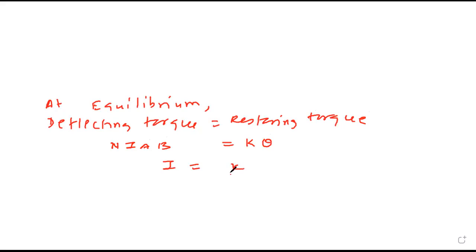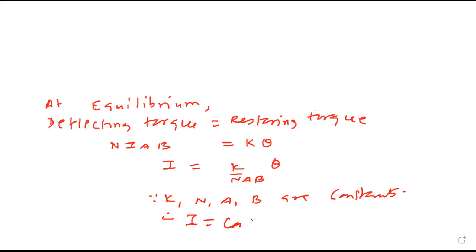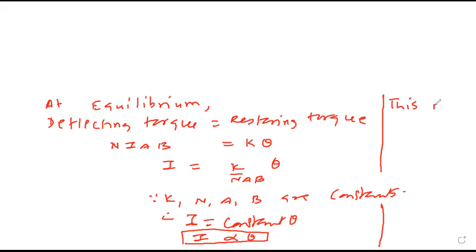So I is k upon NAB theta. Since k and AB are constants, therefore we can say I equals constant into theta. That means I is proportional to theta. So current flowing is k upon NAB theta. That means I is proportional to deflection theta.